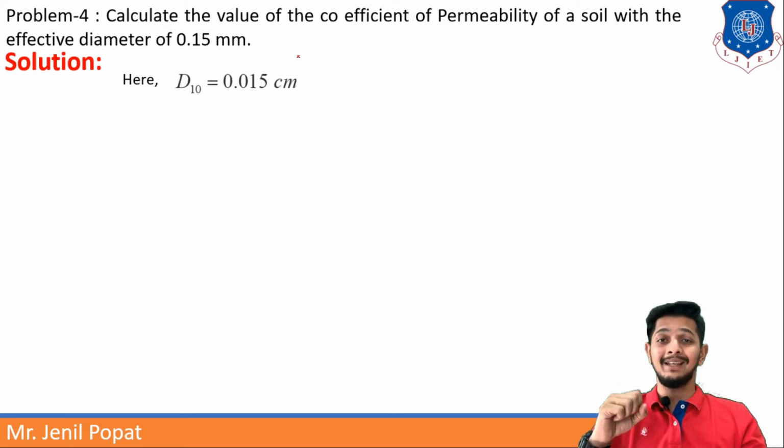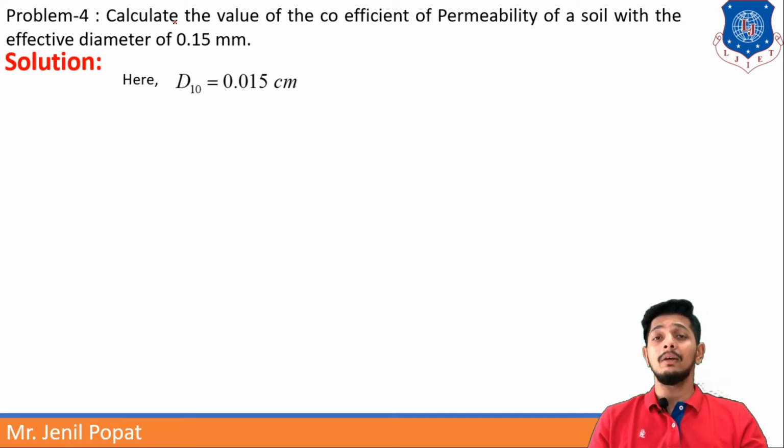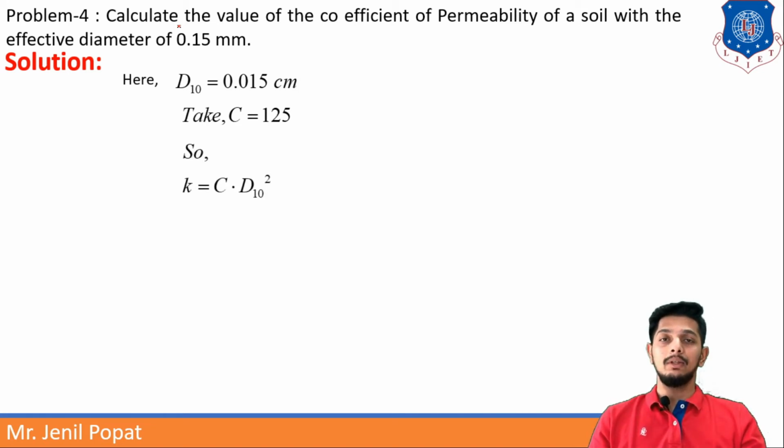There we have studied technical relations between different factors. There we have studied effective diameter and coefficient of permeability relationship. That is D10, that is 0.015 centimeter. K is equal to C into D10 square, where C should be taken from 100 to 150, but it is generally taken as 125.